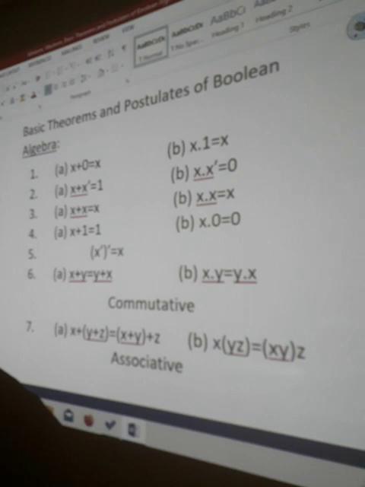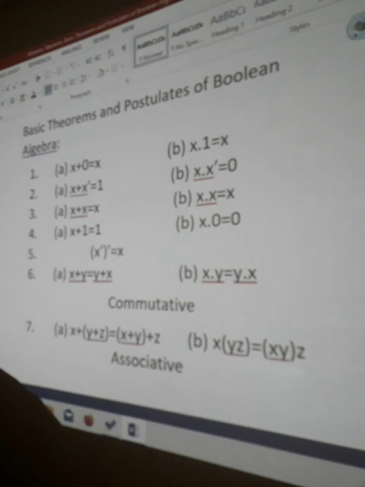Number 2, x + x' = 1. x' is the complement of x, and it is equal to 1 because we have two states of x. x may be 0 or x may be 1, and if x is taken as 0 state, then x' is 1 state.